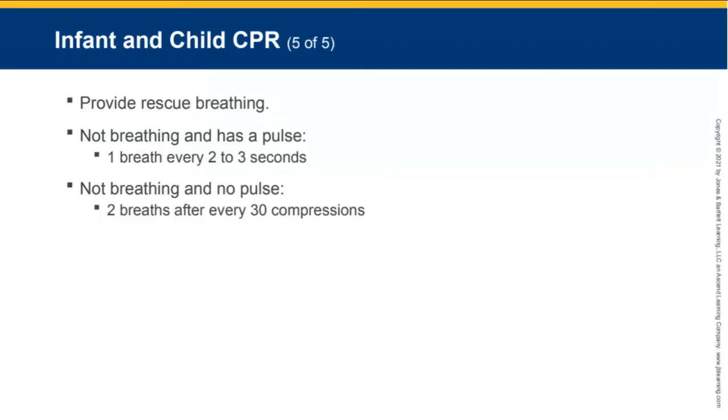For your infant and child population, it is 1 breath every 2 to 3 seconds. Not breathing and no pulse, it's 2 breaths after every 30 compressions. That's 1 person CPR. If it's 2 person, it's going to be 2 breaths to 15 compressions.